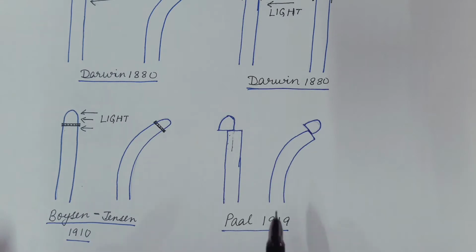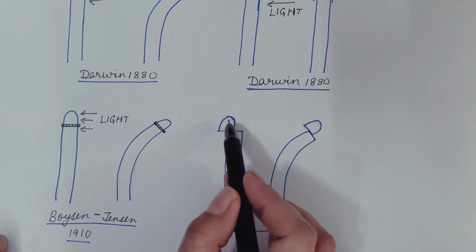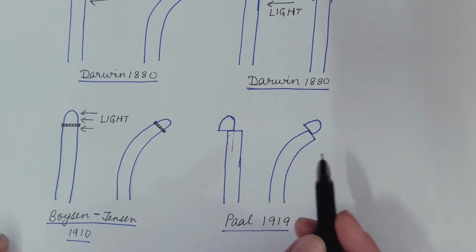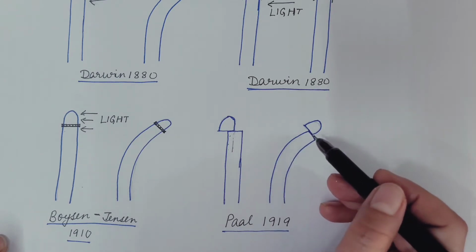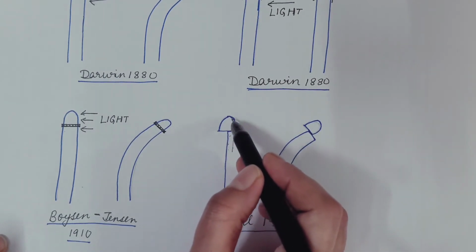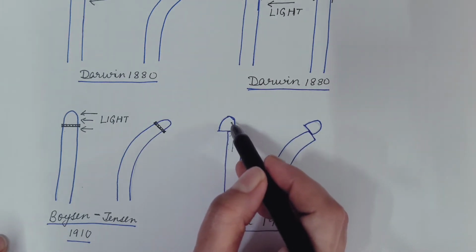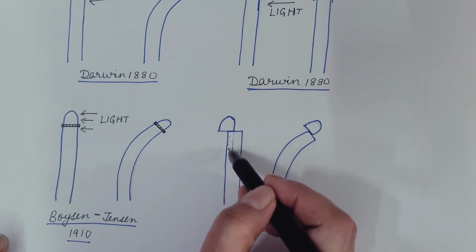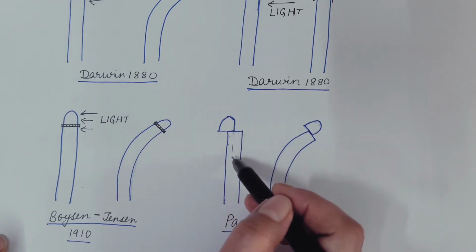In 1919, Paal cut the tip of the coleoptile and placed it asymmetrically. Then it was kept in the dark, but still the coleoptile showed a curvature or bend. So it was concluded that these material substances produced from the tip, when they diffuse to the lower part, cause the growth of the lower part.